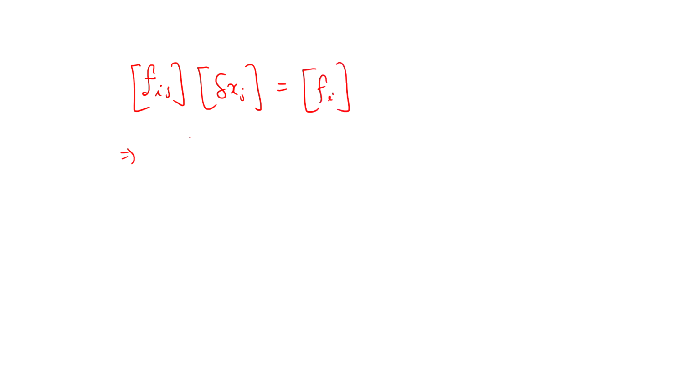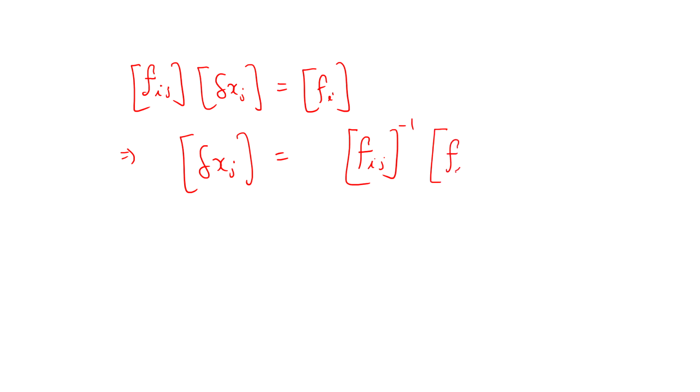So what we have is Fij delta xj is equal to Fi. This implies delta xj will become Fij inverse Fi, and this is being evaluated at old values.